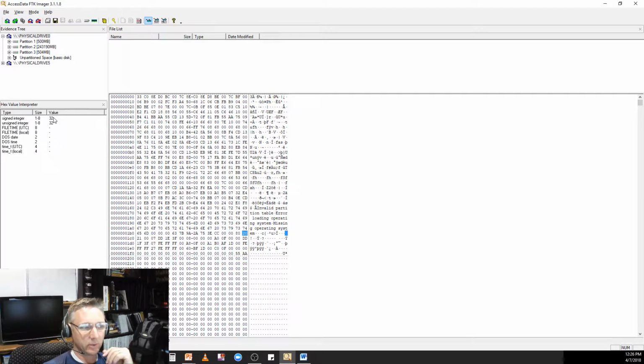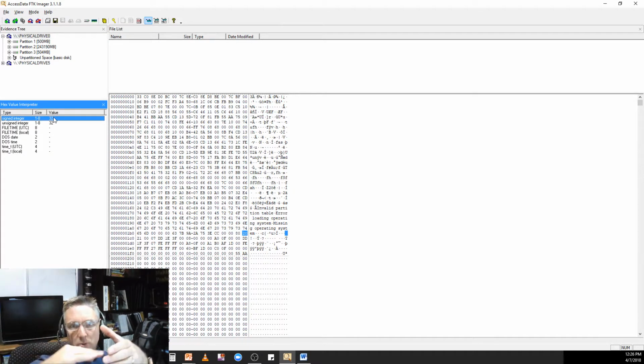If you didn't want to do the math in your head, you could use the Windows FTK hex value interpreter, and it would tell you that hex 20 is decimal 32. So we know that we have 32 heads, or from that first cylinder, cylinder 0, 32 top and bottom of imaginary platters going down.